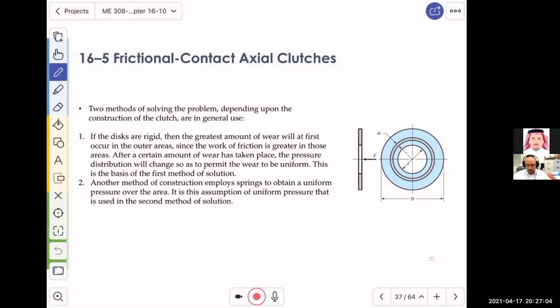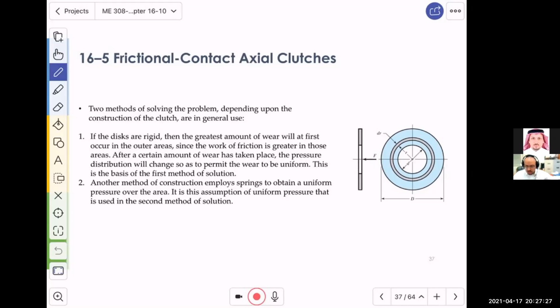So if it is too rigid, it means it will not deform. There is more wear on the outer surface because of the speed, so the pressure has to adjust in order to make the wear uniform.